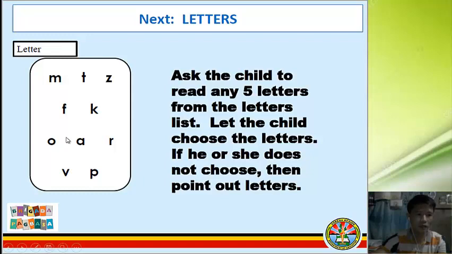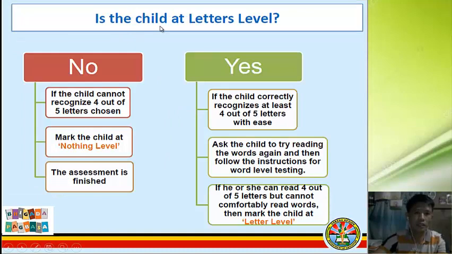Now, if the child can identify correctly at least 4 out of the 5 given, then that's considered the functional literacy level. Now, here is the child's letters level. So this is the question: if the child cannot recognize 4 out of 5 letters chosen.